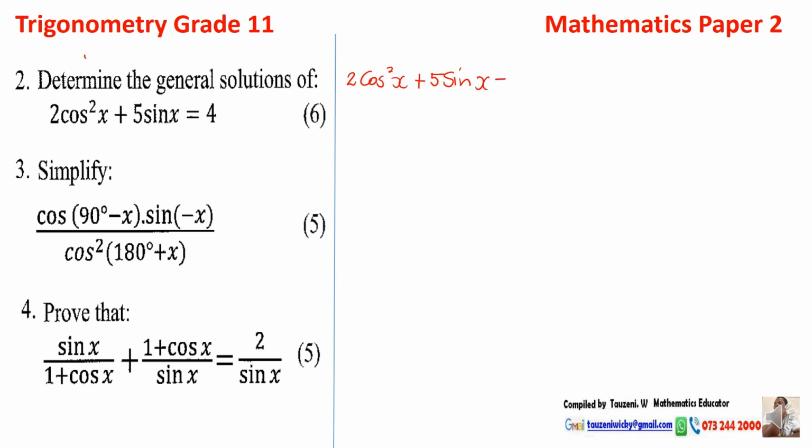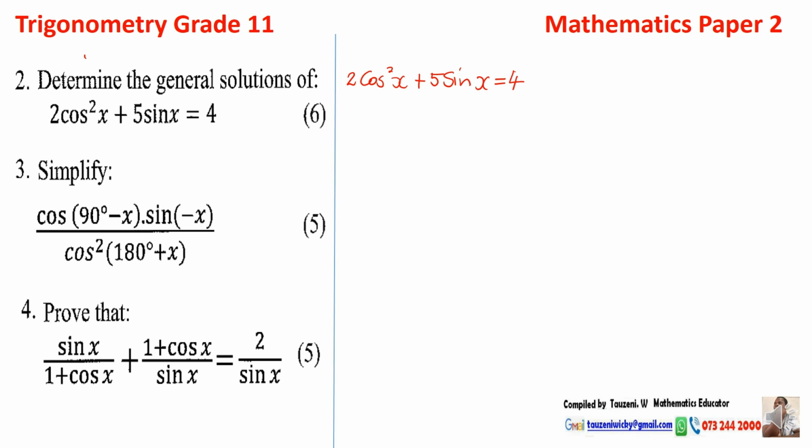If an equation has two different trigonometric expressions, there is a cos, there is a sine in the same equation, and one of them is squared, then it means you must use the trigonometric identity to solve that particular equation.